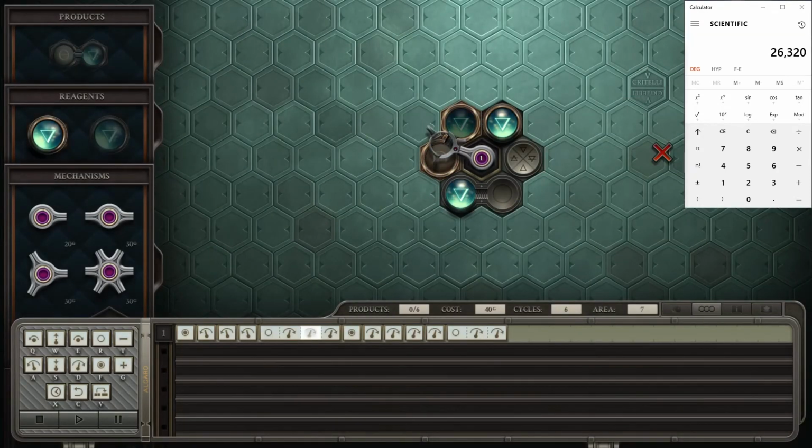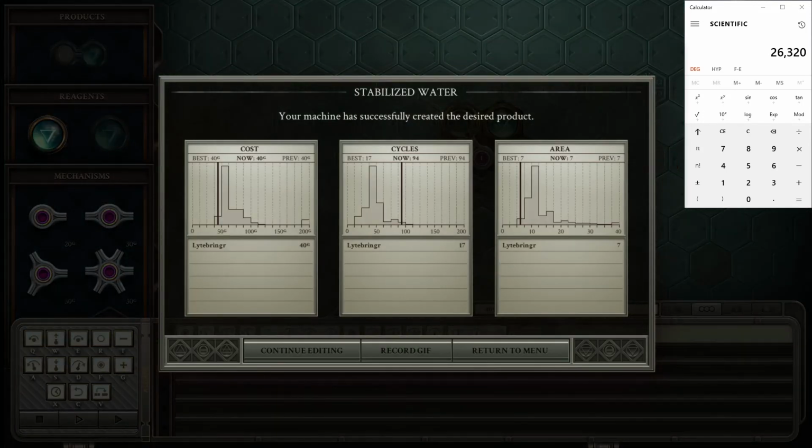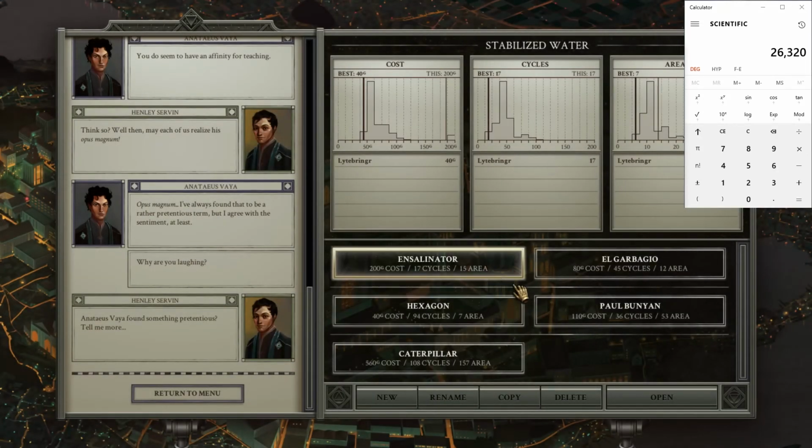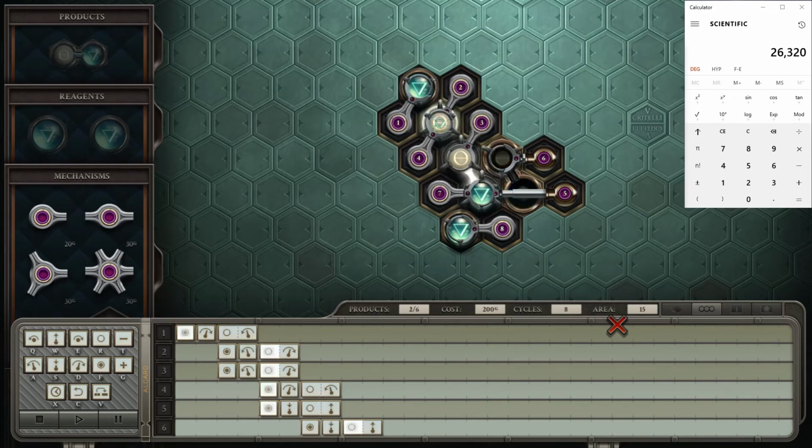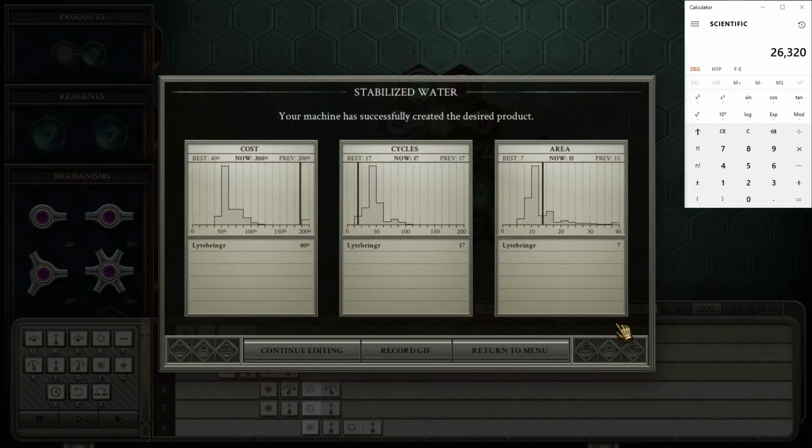So, this is the hexagon. It's incredibly slow. It is compact. It is cheap. But it's just not as good as the Insalinator, which generates things incredibly fast and is still not that big.